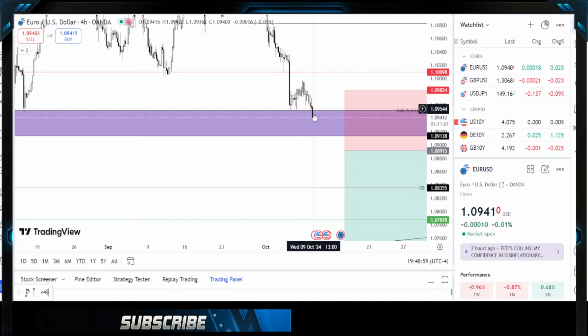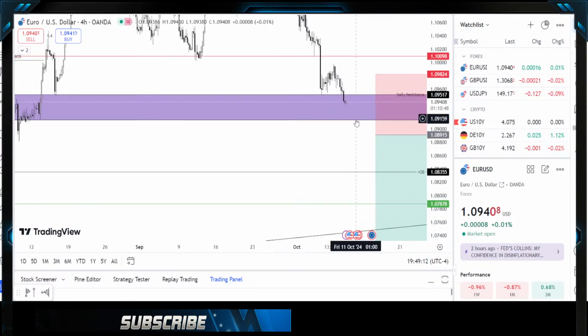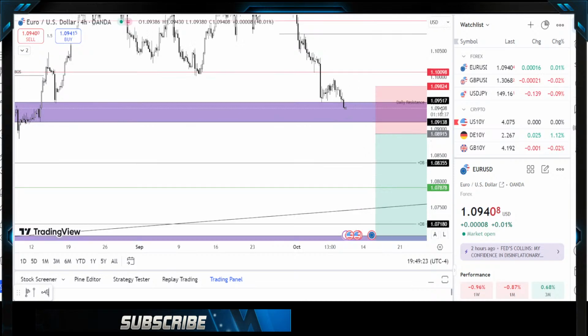No 4 hour, a daily closure below this zone. Once I get a daily closure below this zone, I'm going to wait for a retracement, with the candle body and the candle wick. When I get a retracement, or if I see some massive strength, then I'm going to use that strength to drive it to the downside. So this is my expectation on Euro USD.